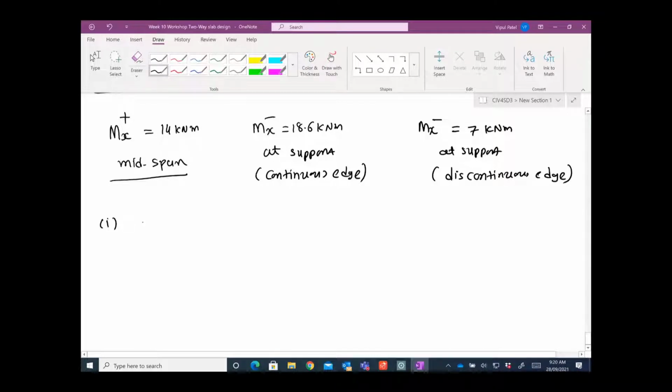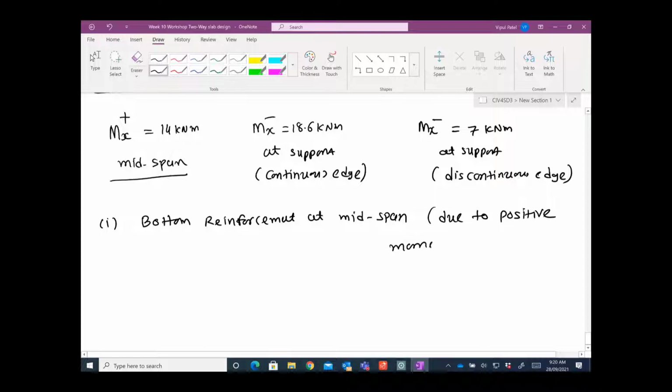Let's calculate the bottom reinforcement at mid span. This is due to positive moment M positive equal to 14 kilonewton meters.